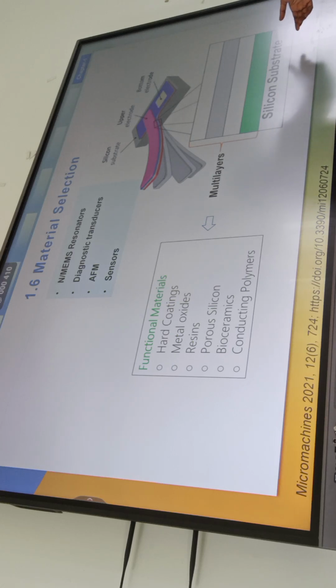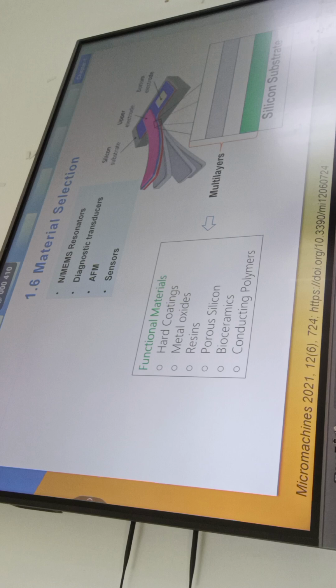For convenience, I have shown silicon as the substrate, and these multilayers can be hard coatings, metal oxides, resins, that is BMI, porous silicon, bioceramics, and conducting polymers.